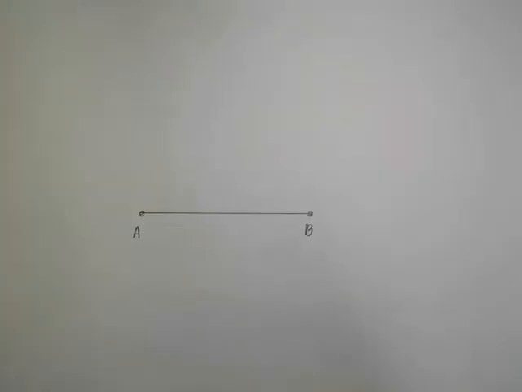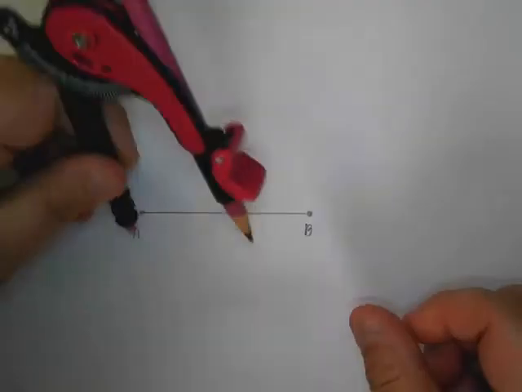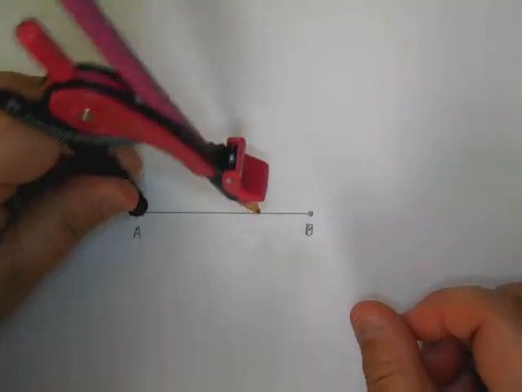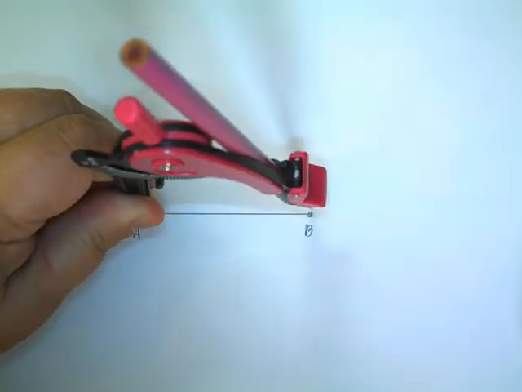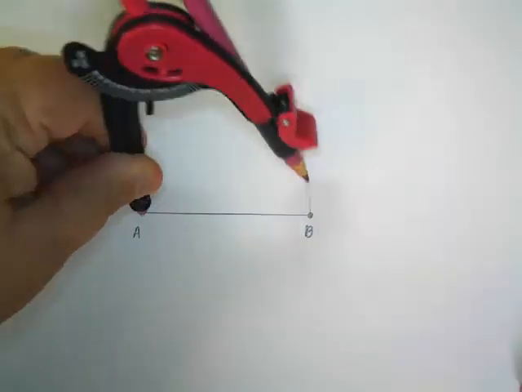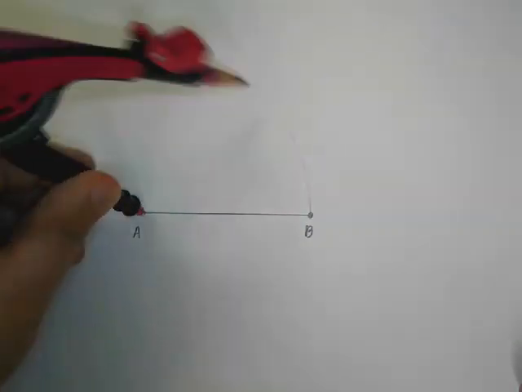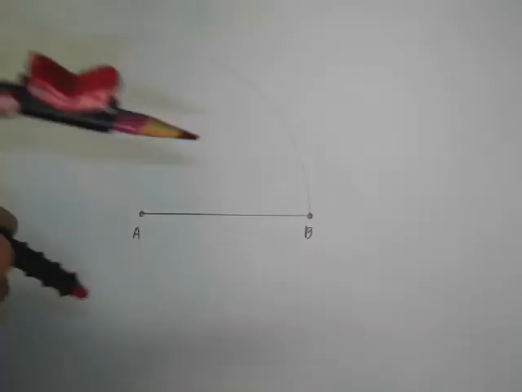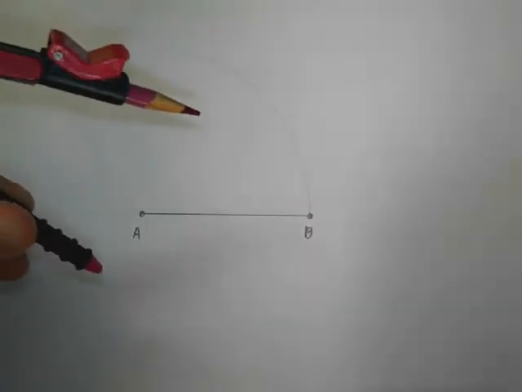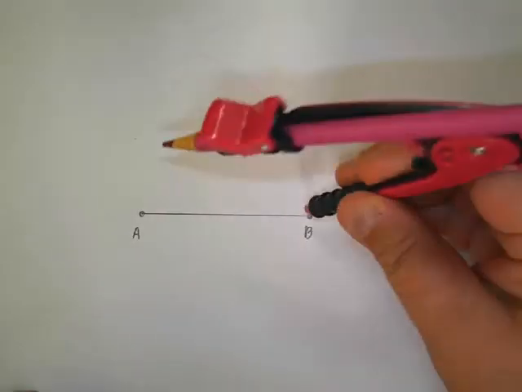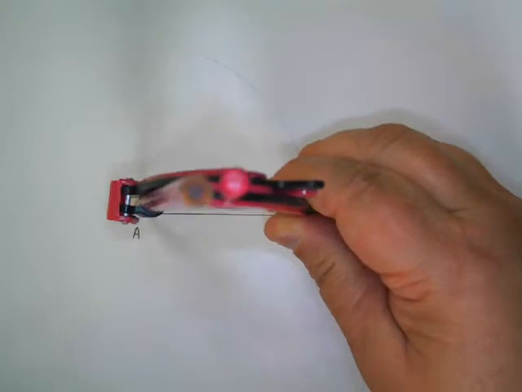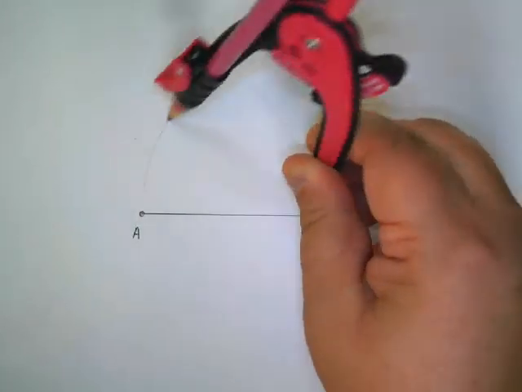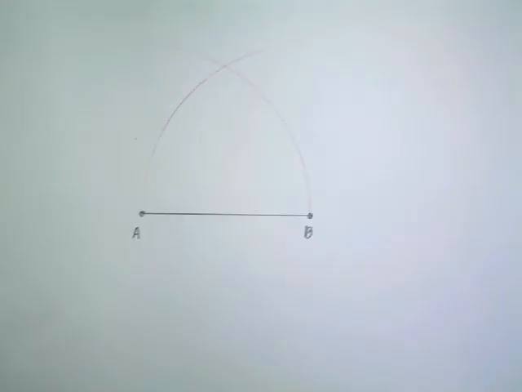So we'll begin by setting the compass point at A and setting the radius of the compass to the length of segment AB and drawing an arc. Without changing the radius of the compass, let's now move the compass to point B and draw a second arc so that it intersects the first arc.